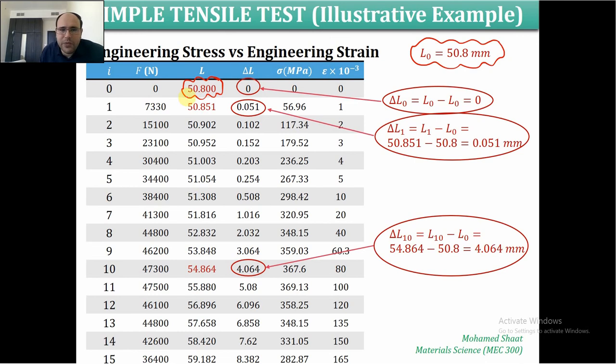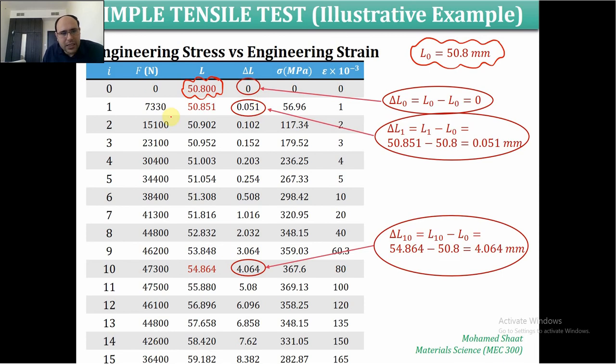If you subtract L0, which is 50.8, minus 50.8, this is definitely gonna give us 0, and that's why the elongation at the first instant is still 0. Why? Because we didn't apply any force, and this makes sense.